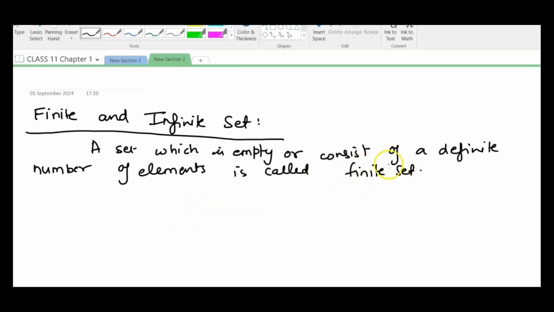Otherwise, we call it an infinite set. So a set which is empty or consists of a definite number of elements is called a finite set. Otherwise, we will call it an infinite set.